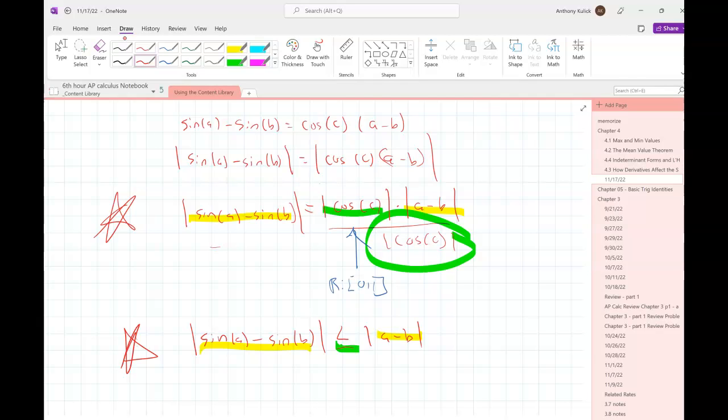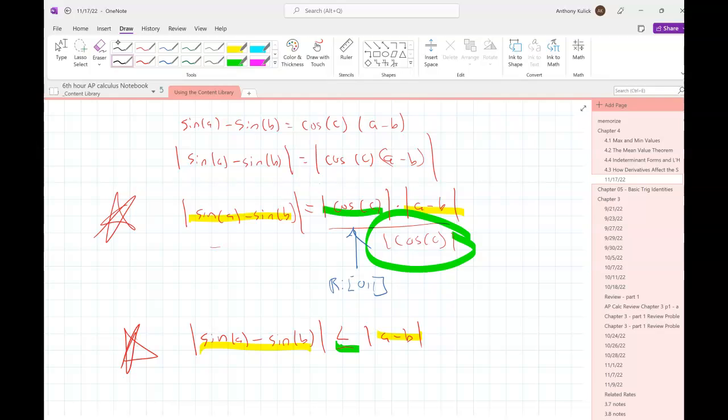And then if it's not 0, then the absolute value of cosine c is a number between 0 and 1, and if I divide by a number between 0 and 1, that's going to make that side bigger. So again, we're good. You just have to be careful to cover the cases there. Does that feel okay, Blake?